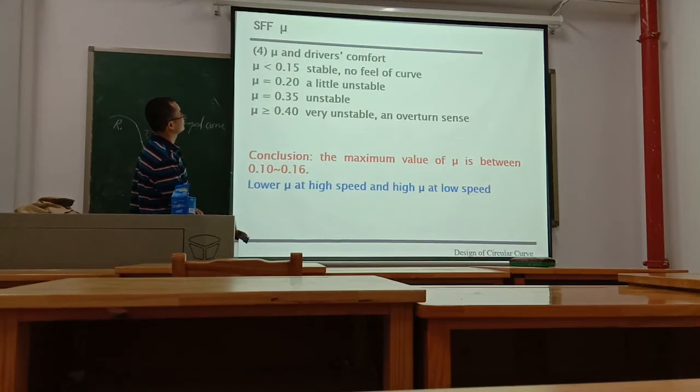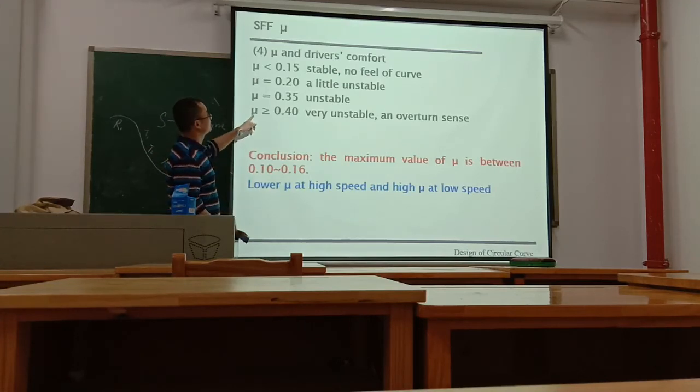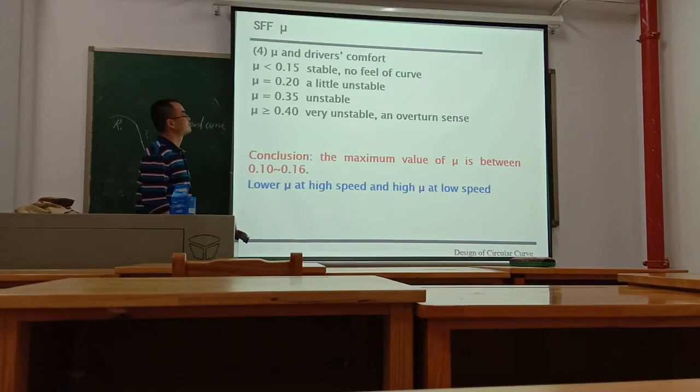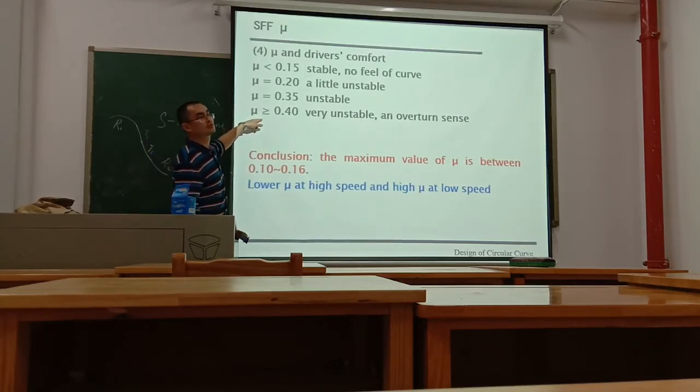When mu is equal to 0.35, the drivers feel unstable. When mu is greater than or equal to 0.40, drivers will feel very unstable and feel unsafe. So it's too large.